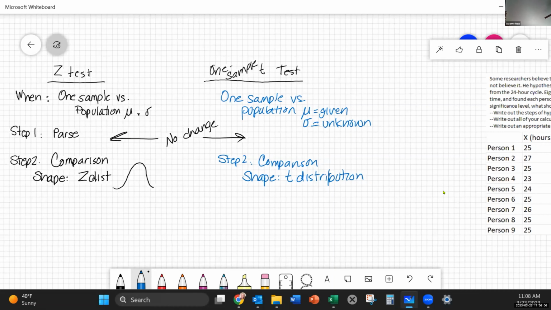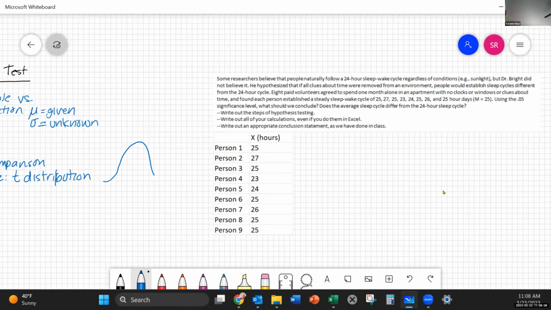So when n is big, when we have a lot of people in our sample, the t distribution looks very much like a normal distribution. So n greater than 30, it looks like that. But when n gets lower than 30, it looks more like this. So the t distribution has a little bit different shape, and so the cutoff point is going to be more stringent, more extreme.